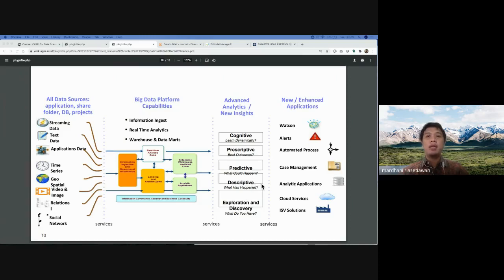This is to answer the question what has happened. And then we also have the predictive. This is to answer the question what could happen. And then the prescriptive will be answering the question of best outcomes, and then cognitive is learned dynamically. If we combine all of these, we will have the construction of artificial intelligence actually. So this will be your main concern after the mid-sem, I think. So that will be your discussion.